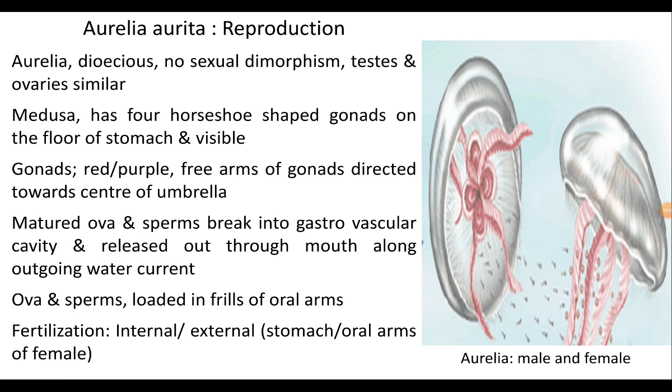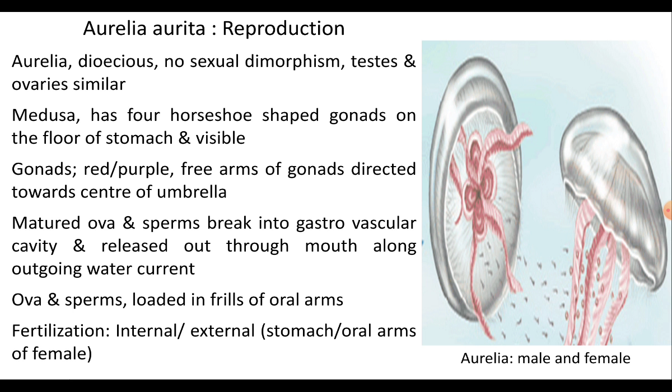Coming to the reproduction in Aurelia aurita. Aurelia is dioecious, that means the male and female sexes are separate and there is no marked sexual dimorphism in them.